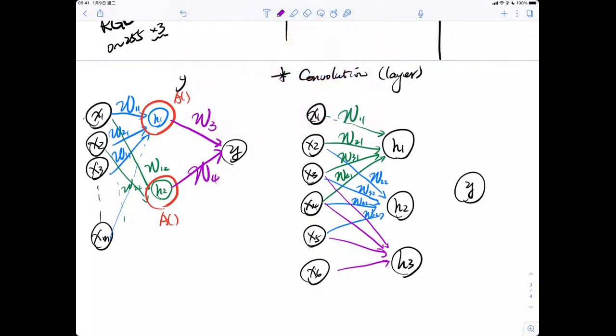And next, something like that. And the most important thing is that of course those weights can be different. The green weight, the blue weight, the purple weight can be different.